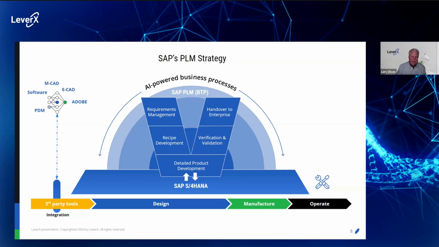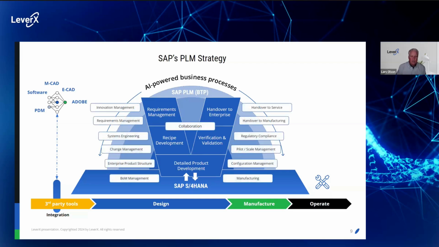We're now getting into the development phase around specification management and formulation recipe development. You manage all that data in the cloud, which synchronizes it with S/4HANA. Then you have the ability to have verification and validation, test management, and then ultimately the handover of this, in this case, of a recipe to the manufacturing and other downstream processes.